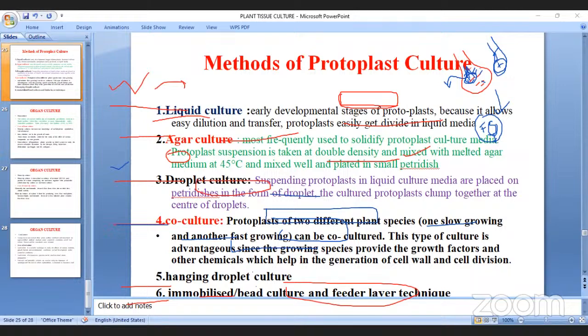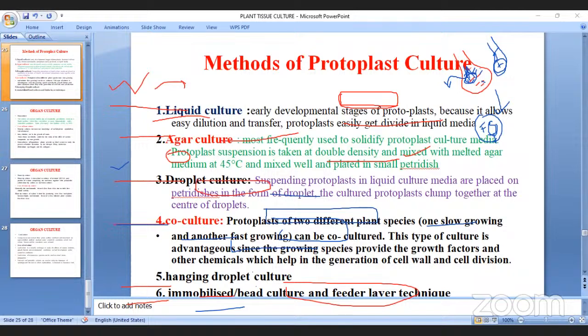And bead culture and also feeder layer culture. Feeder layer culture, just wait. In feeder layer culture, in many cases it is desirable to reduce the plating density.